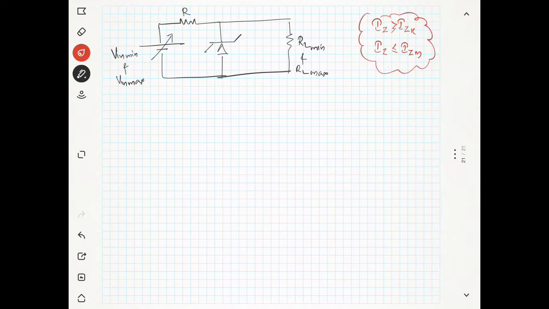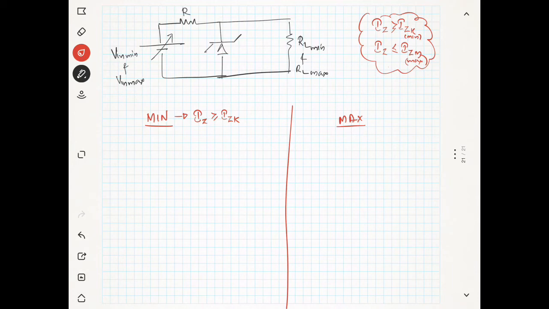So this is the minimum condition, and this is the maximum limit. According to this minimum and maximum limit, I will write the two conditions. What is the minimum condition that we have seen? That means IZ should be greater than or equal to IZK.